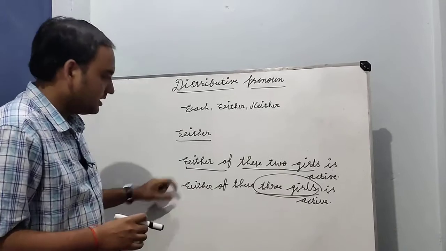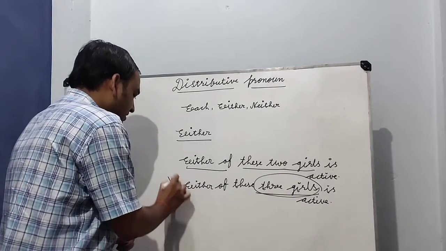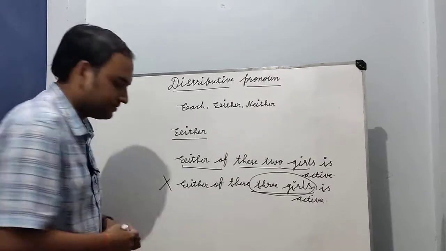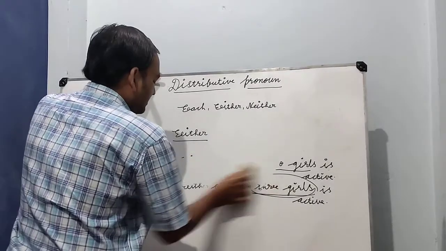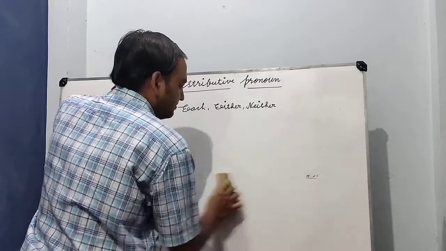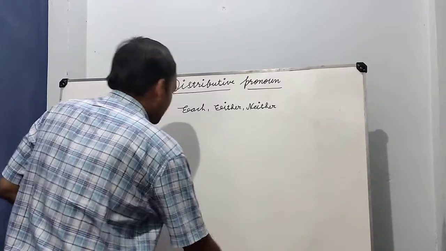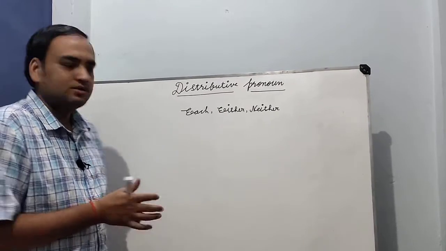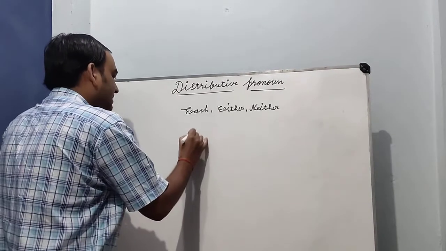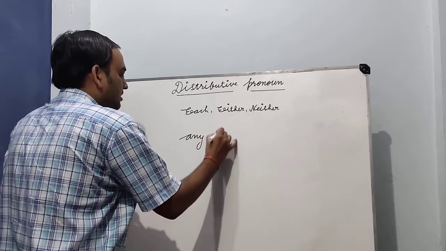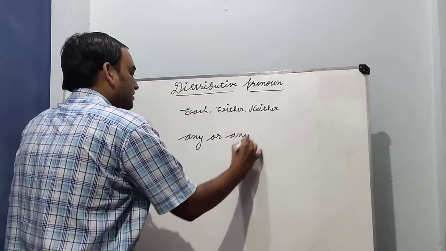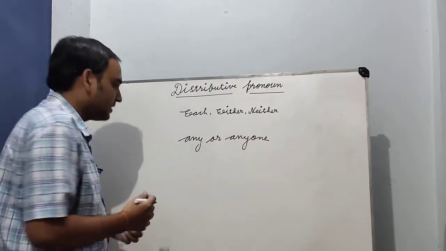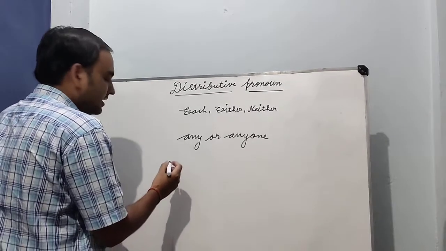Okay, this is the wrong use. So we cannot use either for more than 2 persons, 2 things or 2 components. So a question arises here. The students asked, sir, if we cannot use either for more than 2, then which pronoun will be used here? So we will use here any or anyone for more than 2 persons or things. Okay, I am writing an example here.